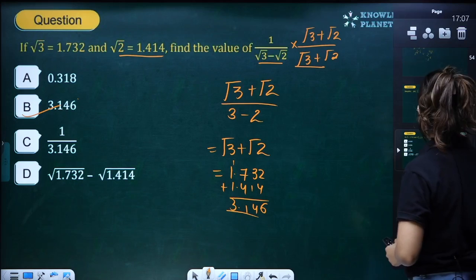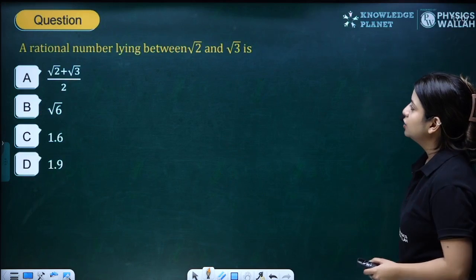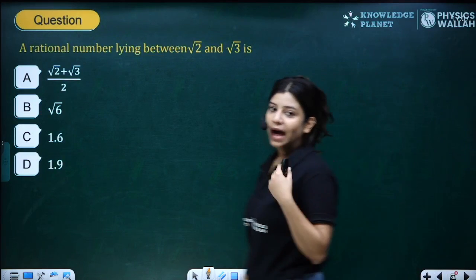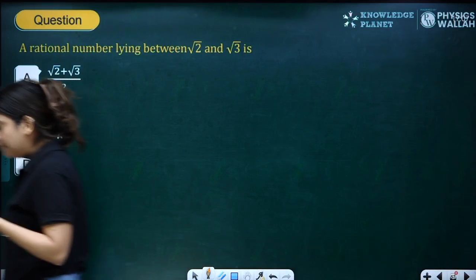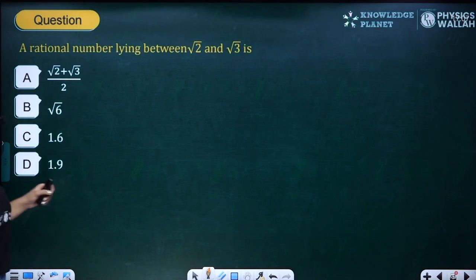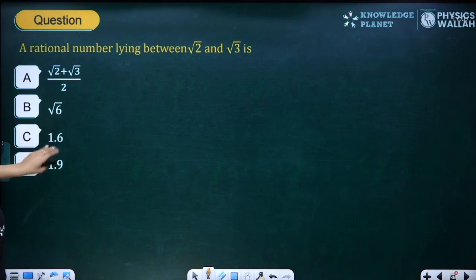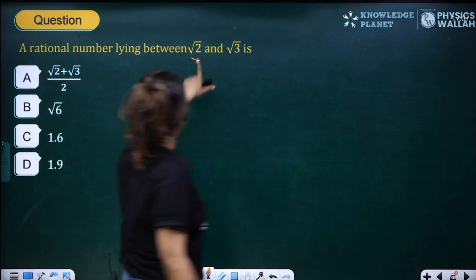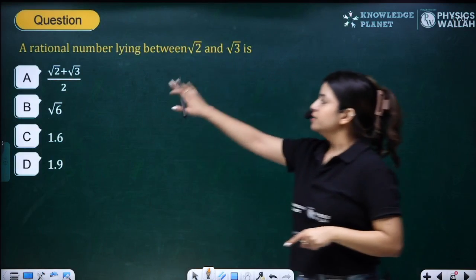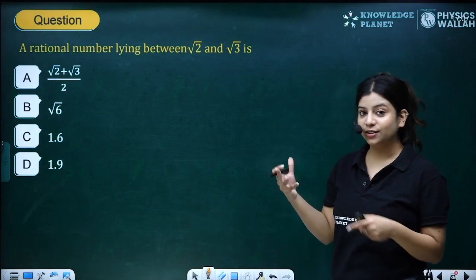The next thing that we have over here is a rational number lying between root 2 and root 3, right? Simply we have to calculate a rational number between root 2 and root 3. It will not be root 6, it will not be 1.6, because over here this, right? So we have to first of all calculate the rational numbers, right?